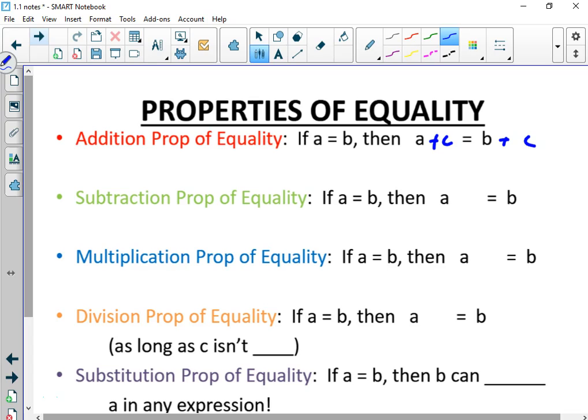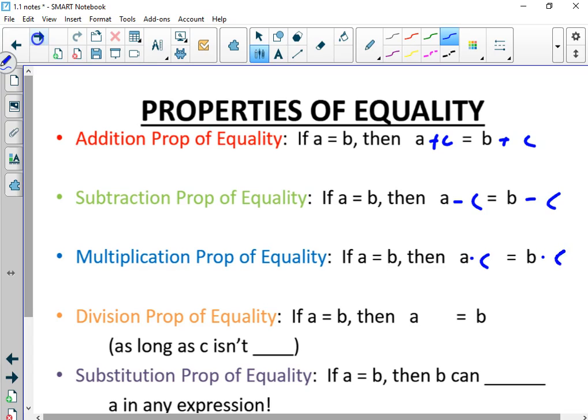Subtraction, this is a really tricky one. Basically the same thing. You've got to subtract the same number to keep things in balance. What you do to one side, you must do to the other. And then you guess where we're going here.